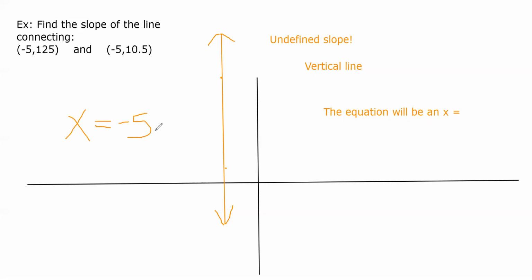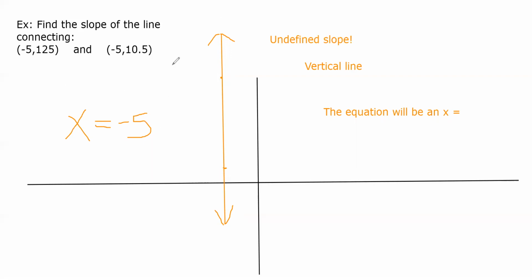It makes a little sense because that's saying, look, y is not involved in this equation. In other words, no matter what y value you want, the x value is always -5, no matter what. And so you can see from the points there.